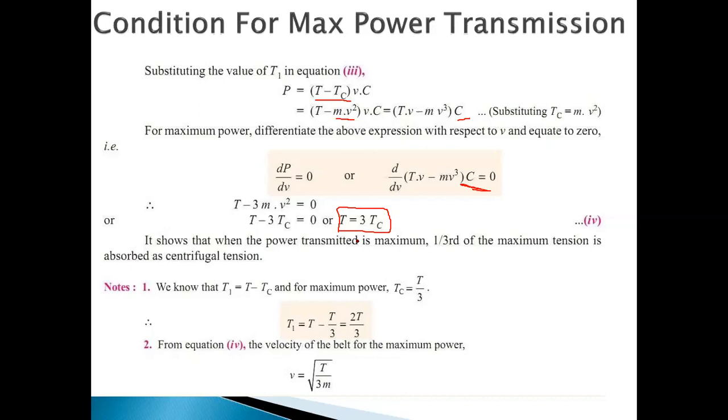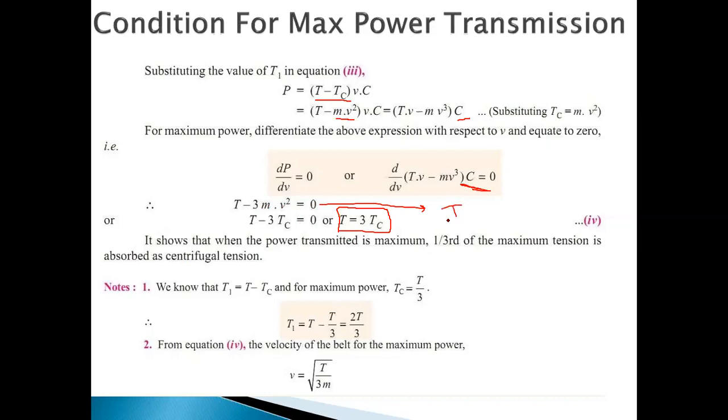Or you can also use the equation generated for the velocity.